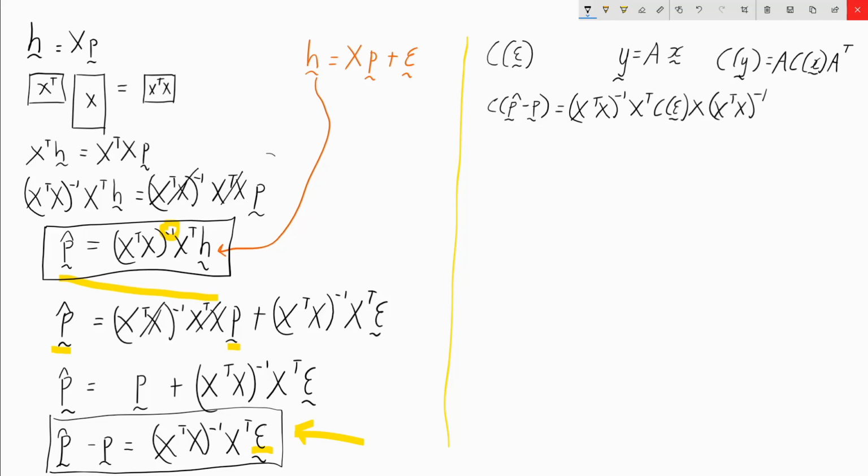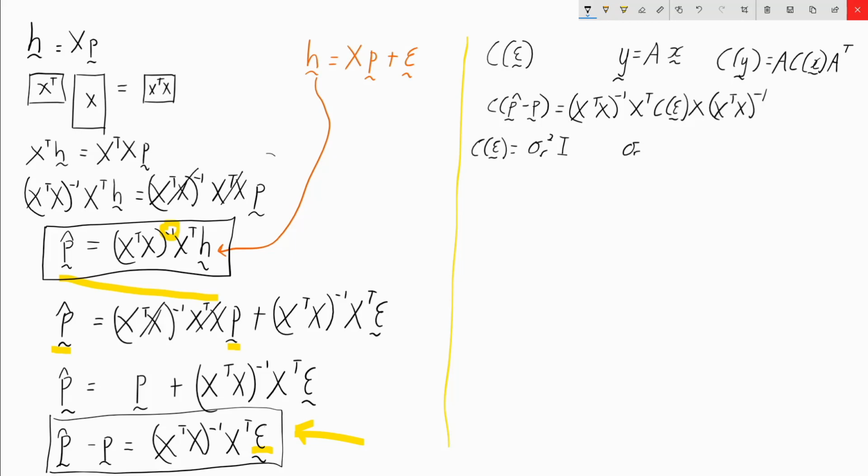Let me assume that Cε equals σr² I. That is, I'm assuming that the noise associated with each measurement is independent of the noise associated with every other measurement, and I'm assuming that the noise associated with all measurements is the same and has a standard deviation of σr.